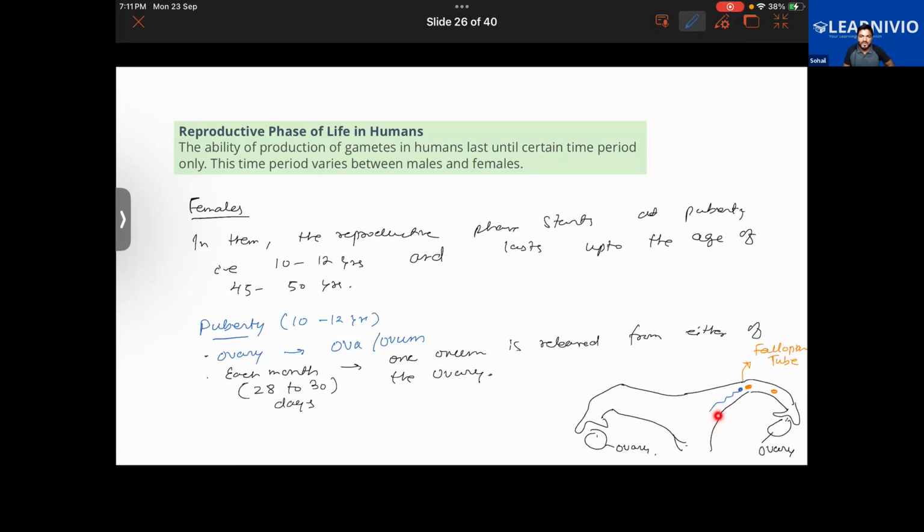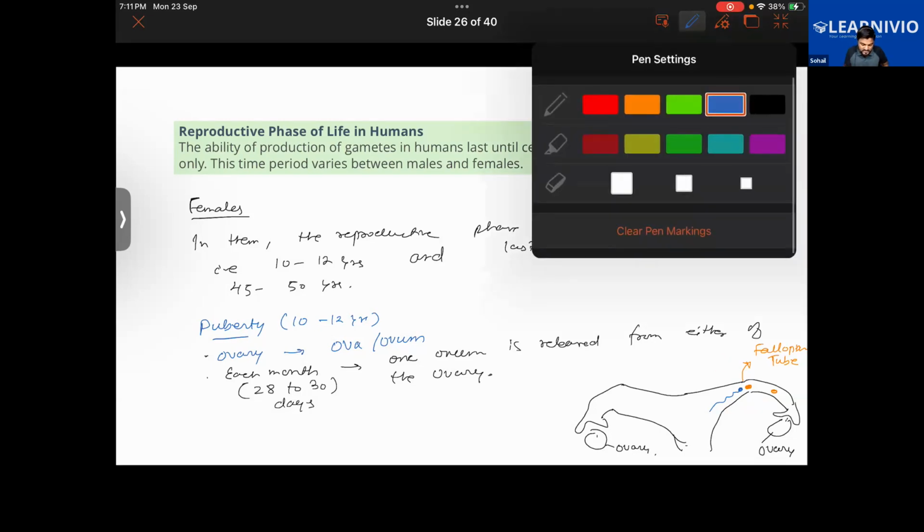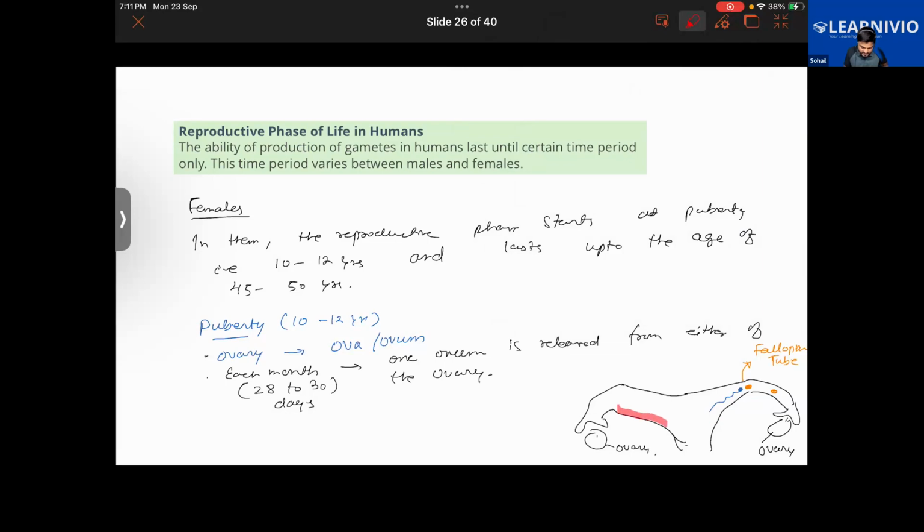But if the sperm does not reach here and the egg is not fertilized, the wall of the uterus would still have become thicker. Basically, whether or not the fertilization of the ovum takes place, in both situations the wall of the uterus will become thicker. Why does the wall of the uterus become thicker?